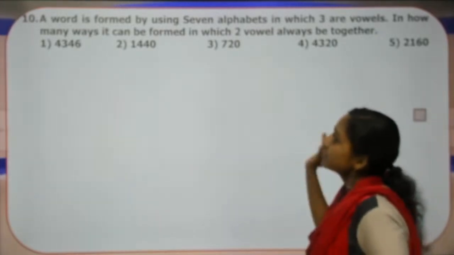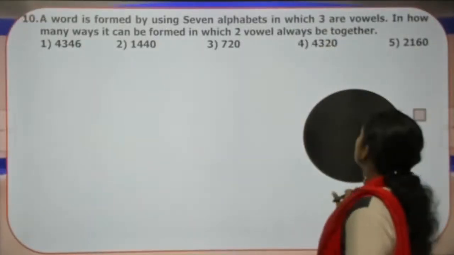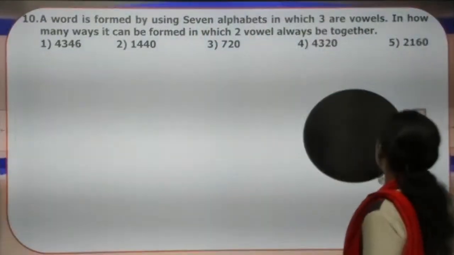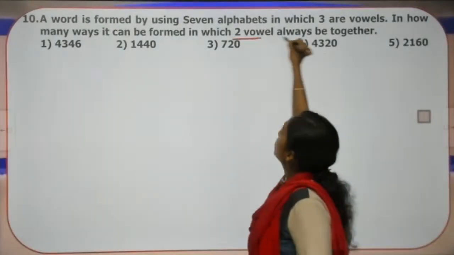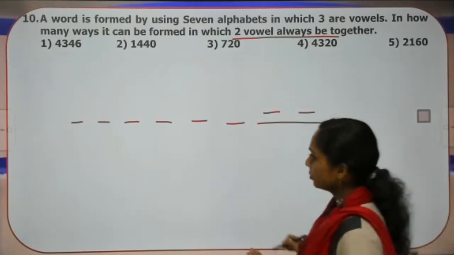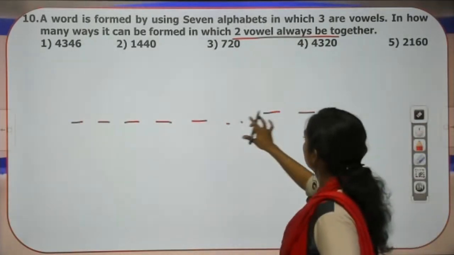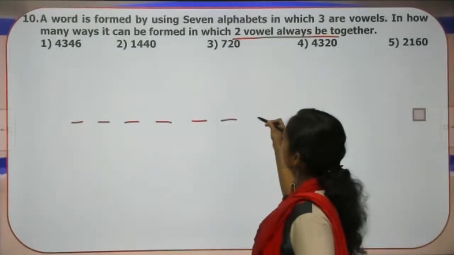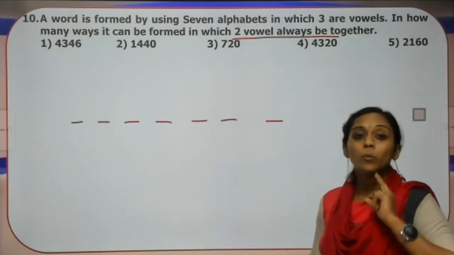A word is formed by using 7 alphabets. Okay, so 7 alphabets, and out of that 2 vowels should be coming together.